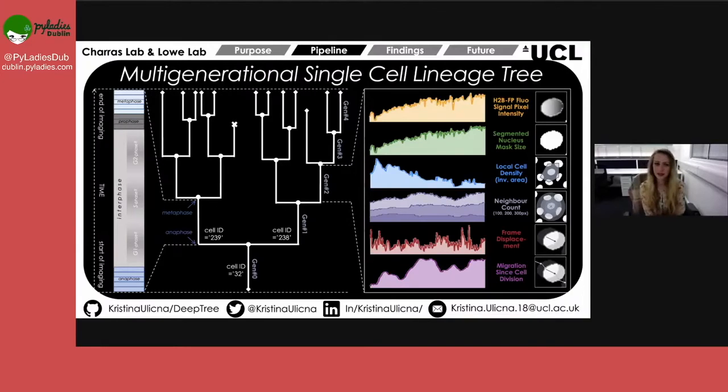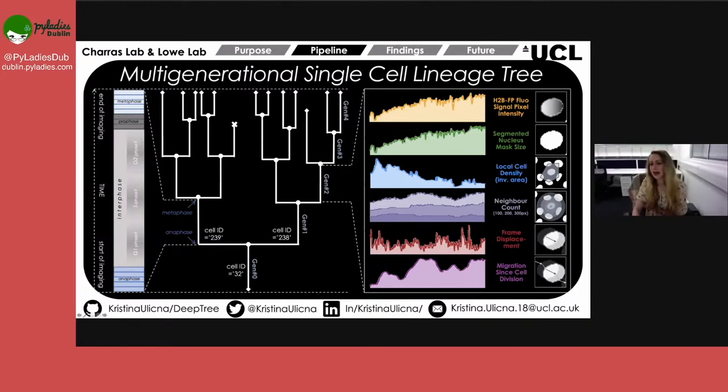Here in the center, you can see the lineage tree, which I've shown you before, a schematic of a lineage tree of a cell that has divided over 4 to 5 times. What we can use this lineage tree for is to extract the single cell information and the information about the cells at every single point of time.